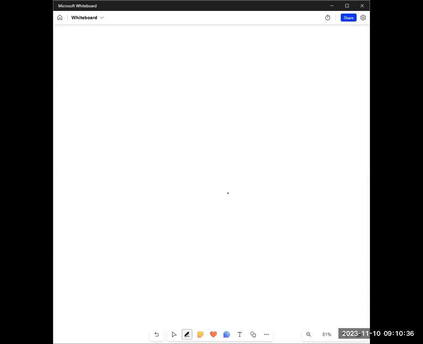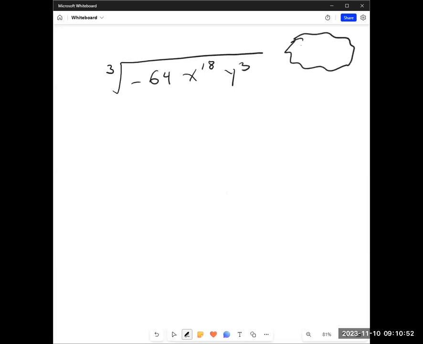This next one's a little interesting because it's got a negative on the inside. It's a cube root of negative 64, x to the 18th, y to the 3rd. So remember that negative 1 squared is 1, and negative 1 cubed is going to be negative 1. So I'm thinking about perfect cubes.